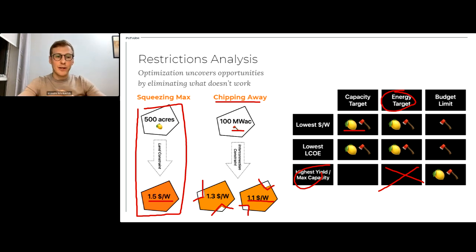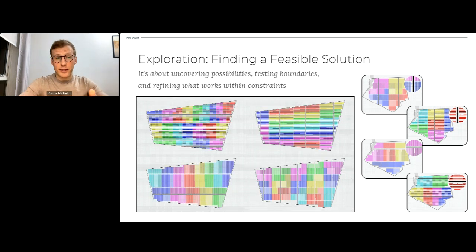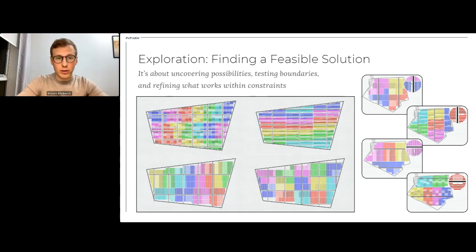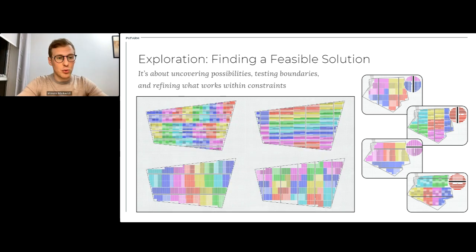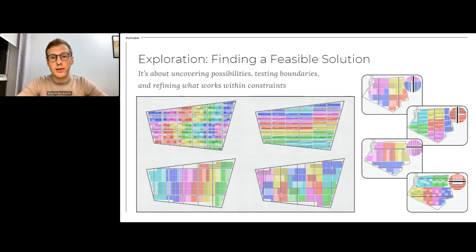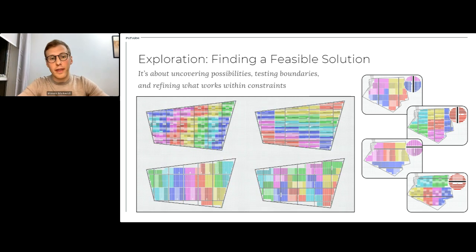So based on what we showed, there are 12 most popular strategies. And then the next phase is exploration, finding a feasible solution. Mostly currently in industry, people think about sweeping GCR and DC to AC ratio, and then you get a lot of sweeps.